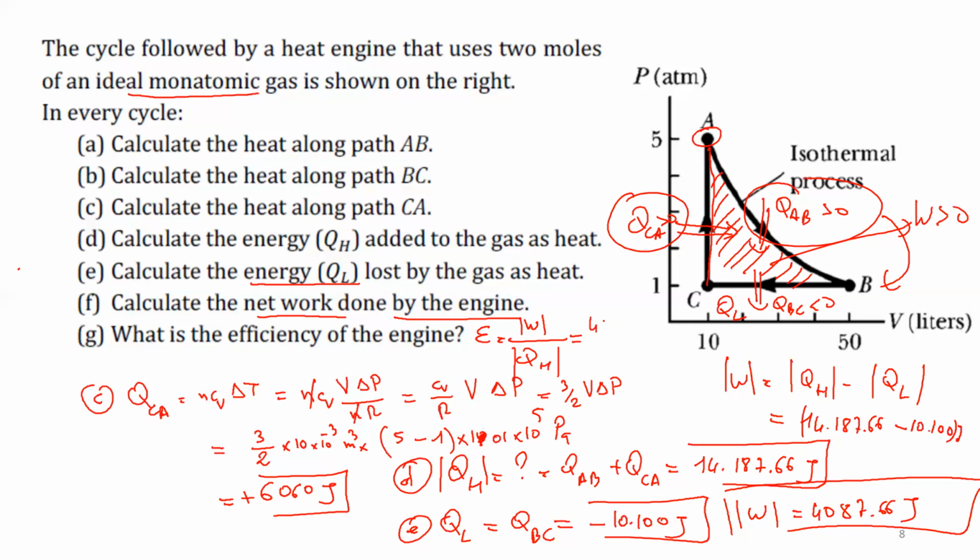So basically I have 4,087.66 divided by QH. What was QH? 14,187.66. And that will give you an efficiency epsilon of 28.8%.